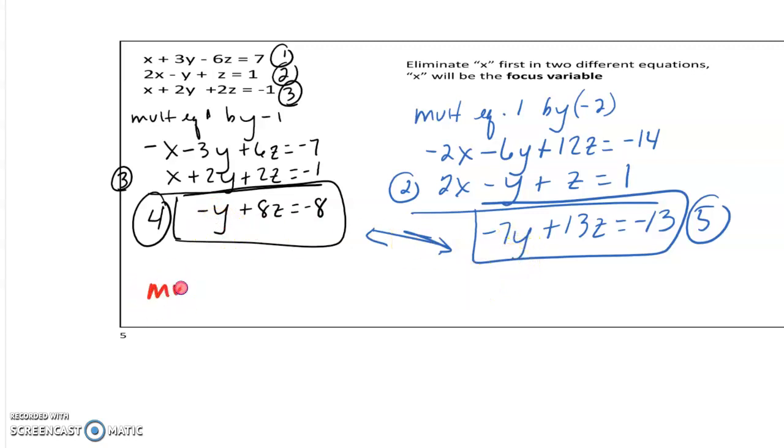So that makes that 7y, and a negative 56z equals a positive 56.